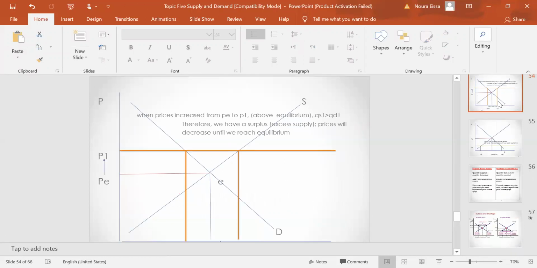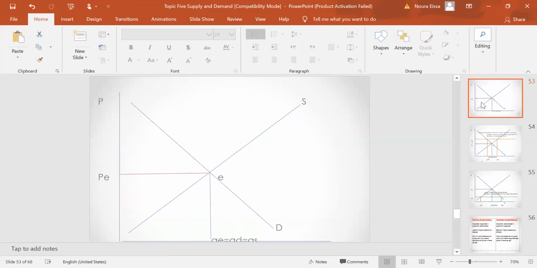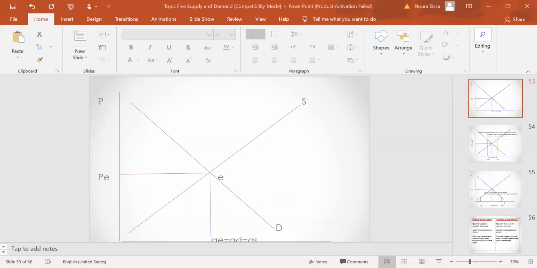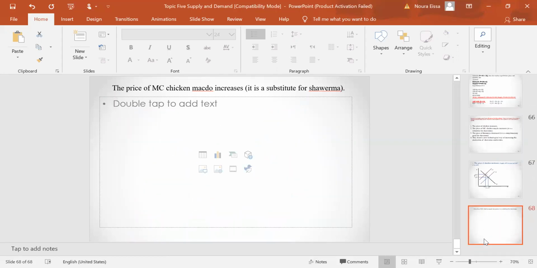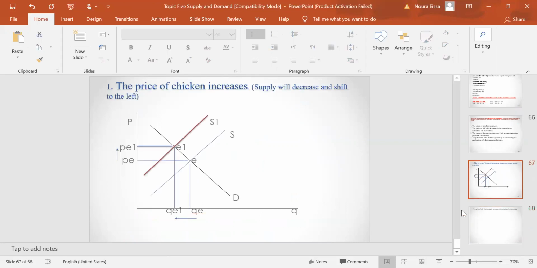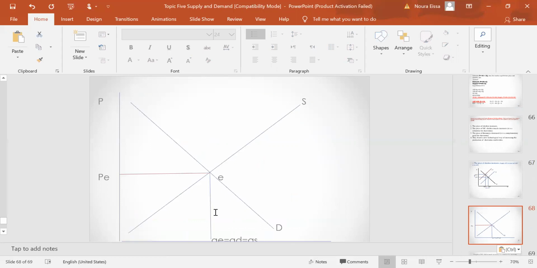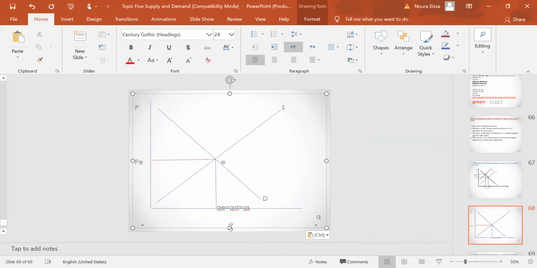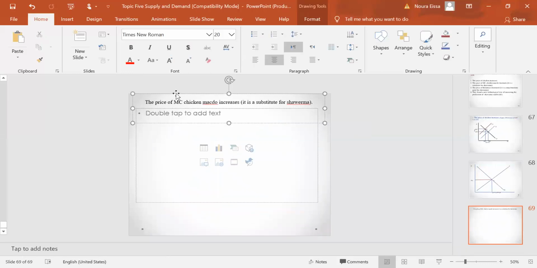We can use it. Copy. Right here. All right.